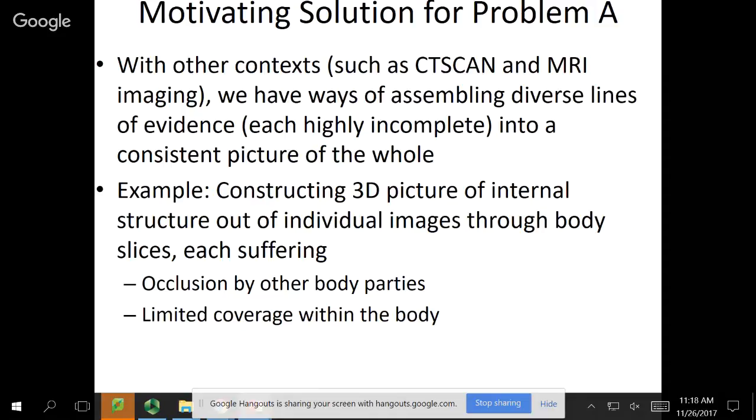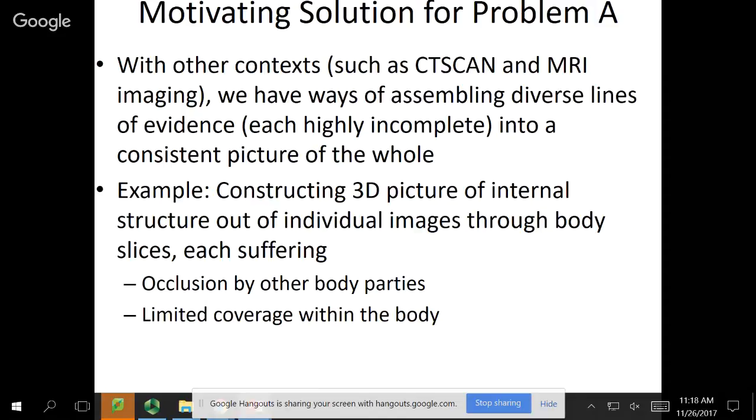What we'd like here for dynamic models, or for the context of these diverse data sources over time, is a way of constructing a sort of equivalent picture of the whole from these many parts, where just as with the CAT scan and MRI cases, each of the pieces, each of the images we get out of a CAT scan or MRI initially is very imperfect. It suffers from occlusion.